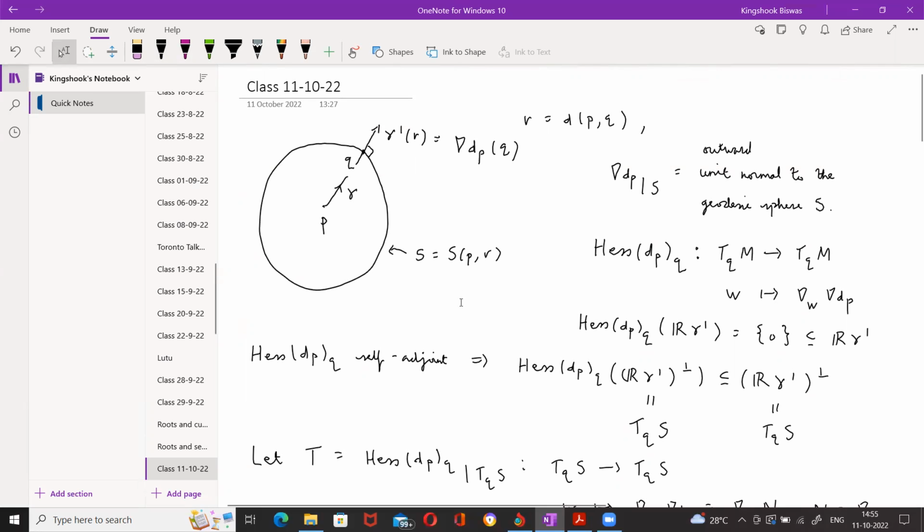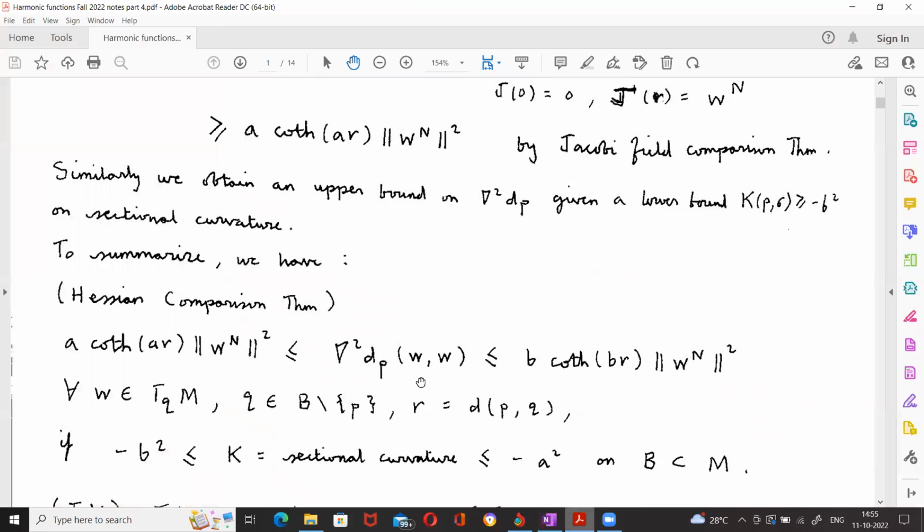What it tells us is that the Hessian is constant, because here in H^n, A will be equal to B. So both the left-hand side and right-hand side will be equal, so you'll get an equality for the Hessian. That means the Hessian at each point will be a constant multiple of the identity.